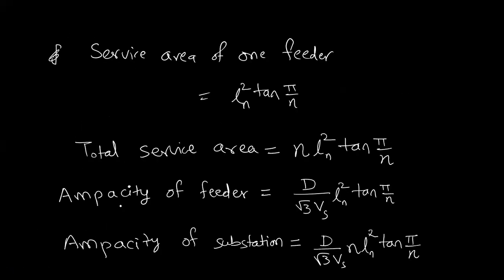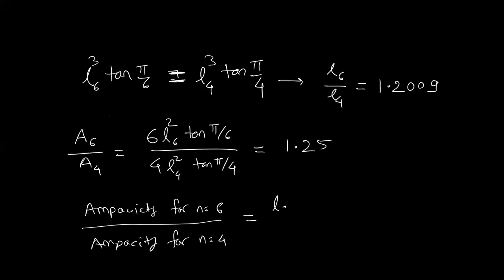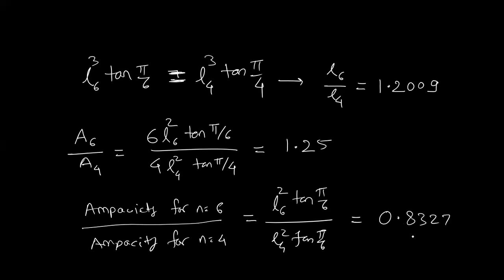The ampacity of a feeder is proportional to l_n square tan pi by n. So that is L6 square tan pi by 6 by L4 square tan pi by 4. That number also we can calculate here. That number turns out to be 0.8327, so this is 0.83.